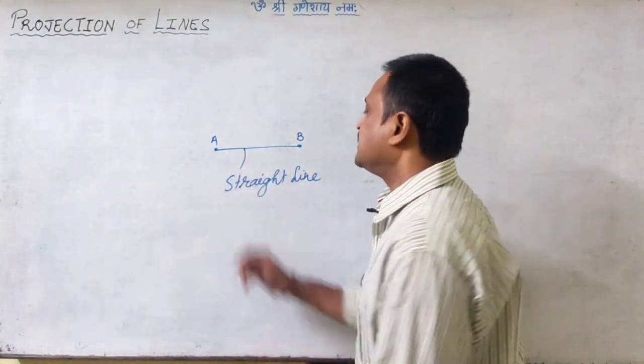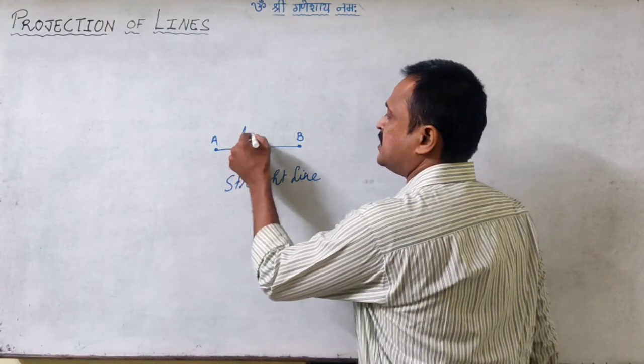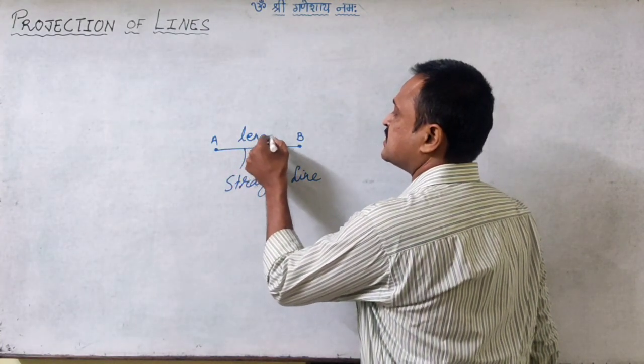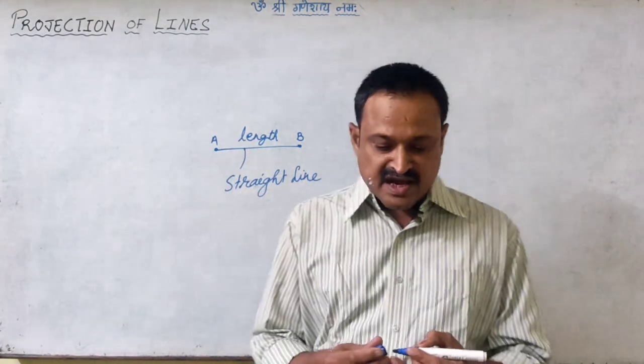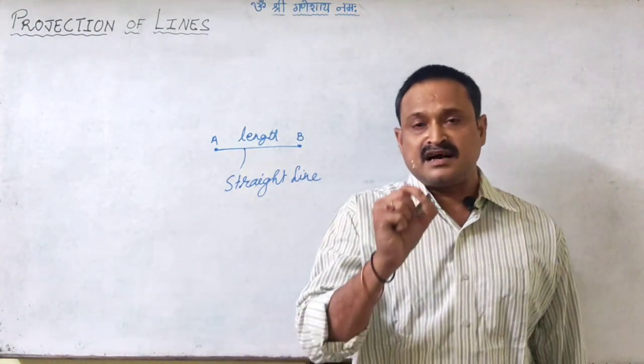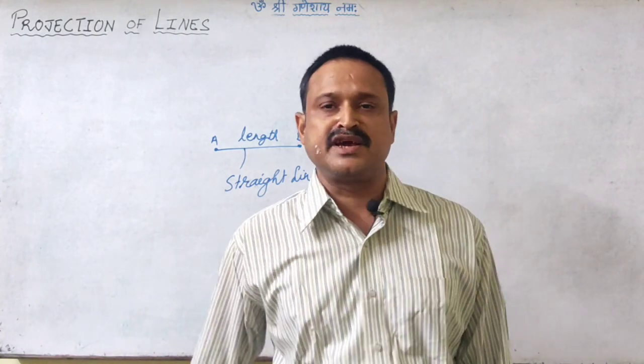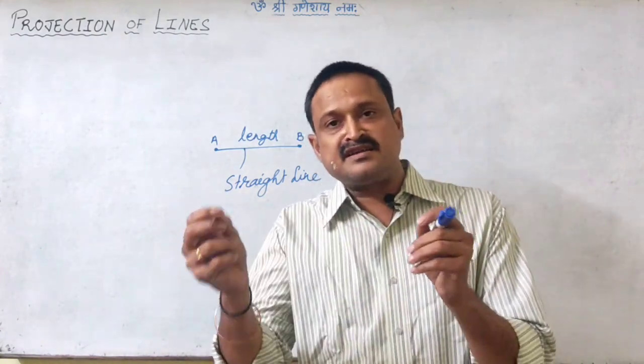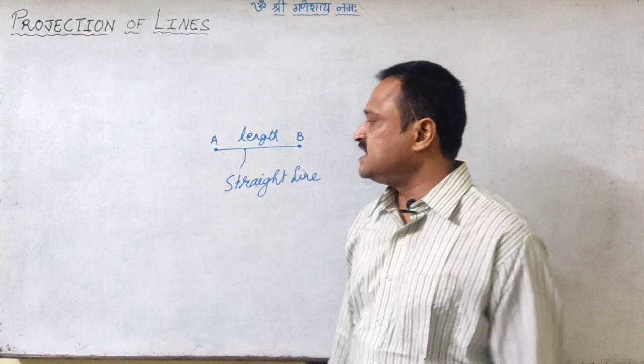And as well, it is having only one dimension, that is length. So we are extending our idea from a point, which is the dimensionless drawing, to giving it one dimension, that is length.